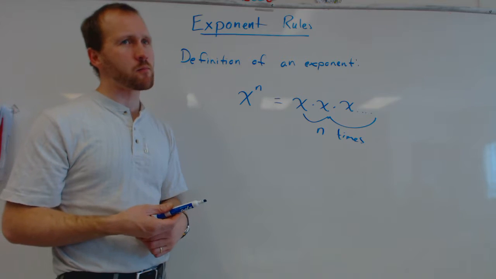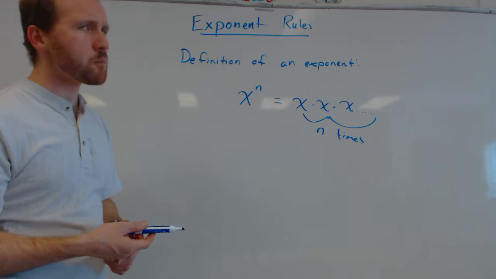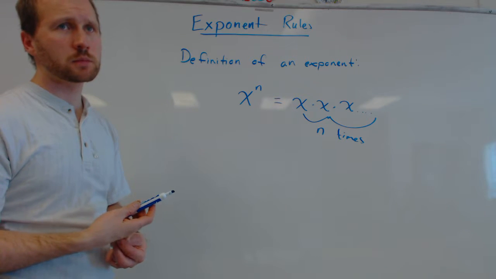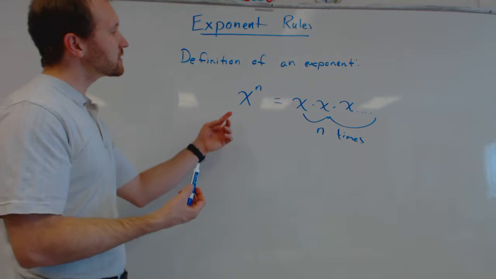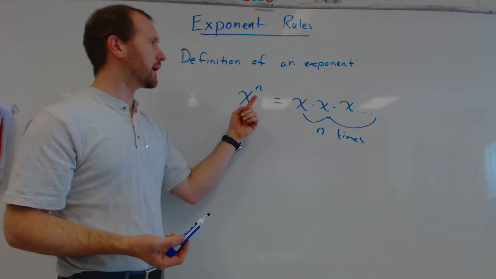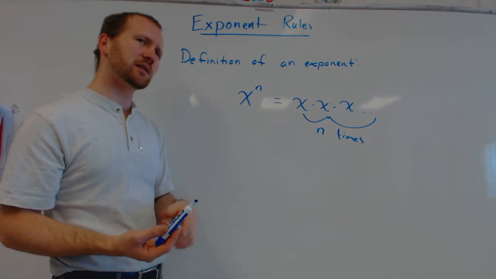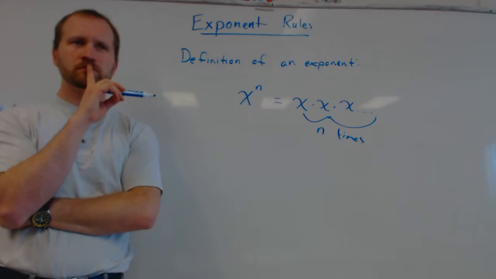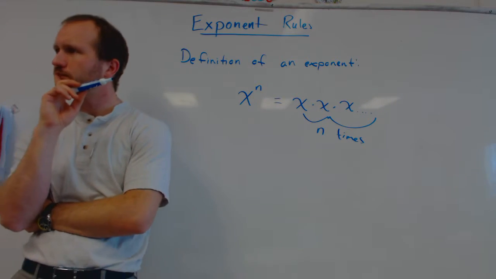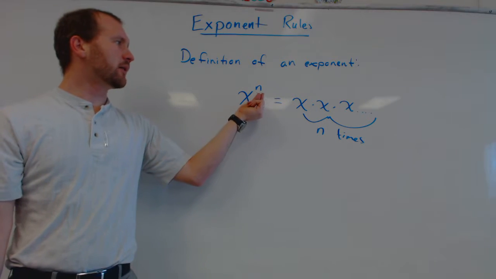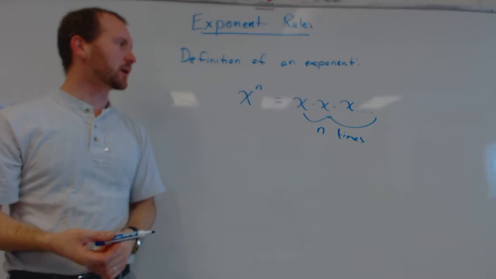Wait, no, because the reason it won't work for fractions, because like I just put 1/2, 1/2 times a half. It's a half. Okay, so x could be a fraction. But if n is a fraction, it gets a little bit more complicated.